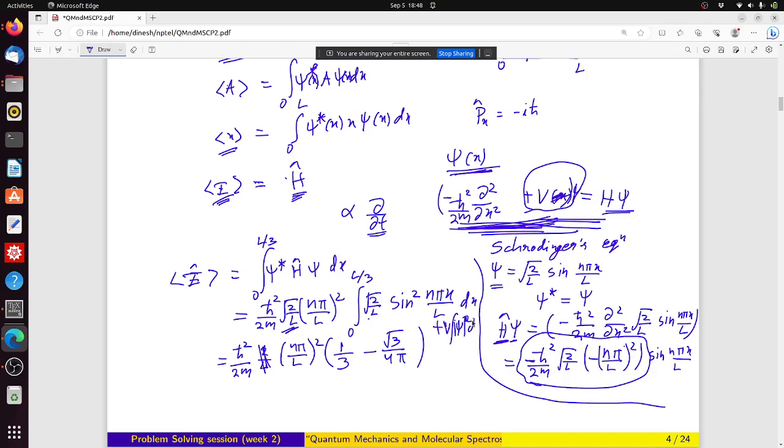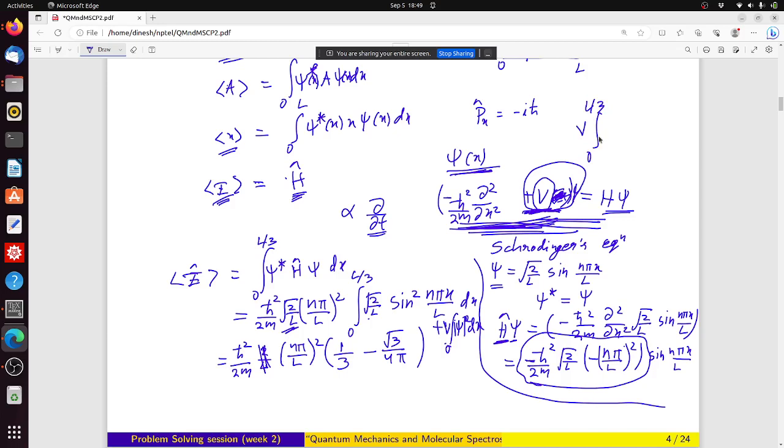In the last question, I made some mistake. There was some additional term, right? The potential term V of x. From this also it will contribute to energy, right? So if we assume it's a function of x, then we have to take its form. So for now, let's assume it's a constant. Then its integration will be from 0 to L by 3.